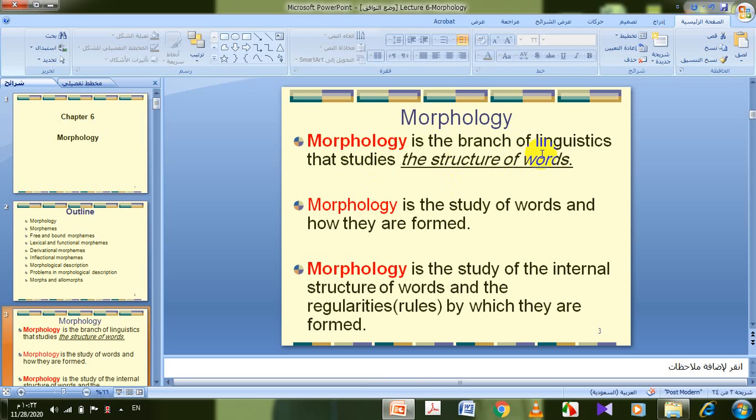Morphology is the study of the internal structure of words and the regularities or the rules by which they are formed. Good.